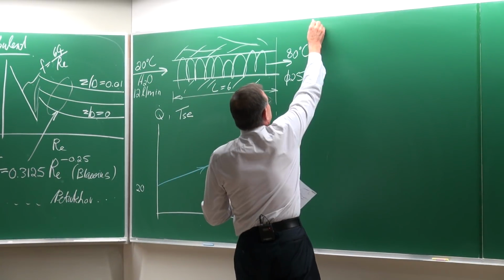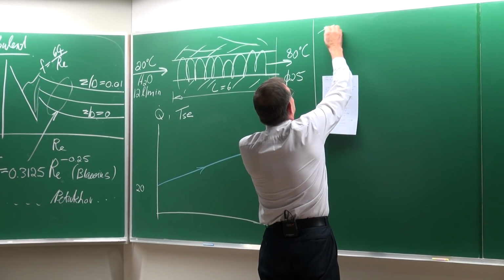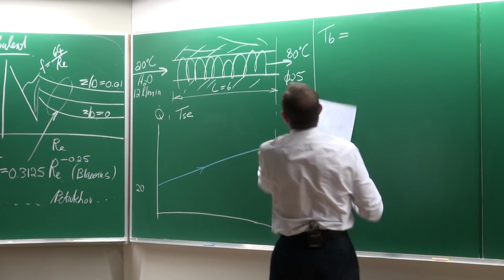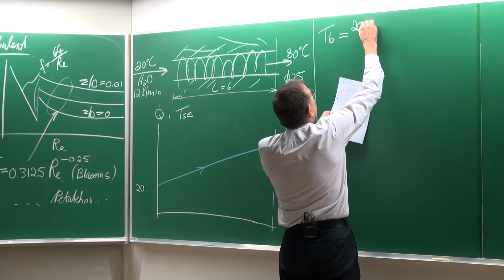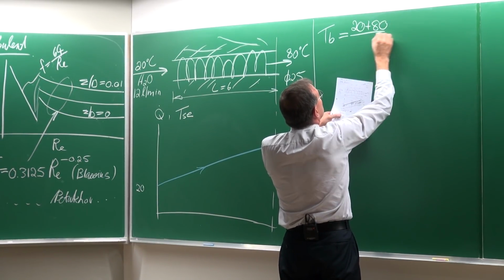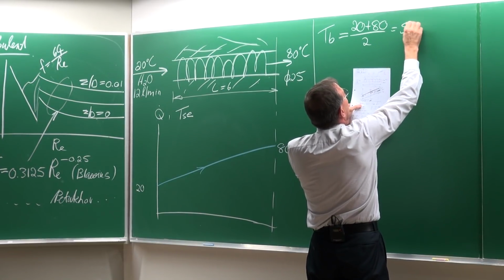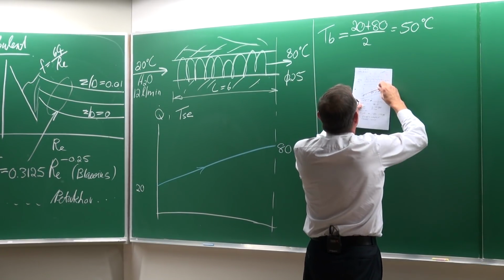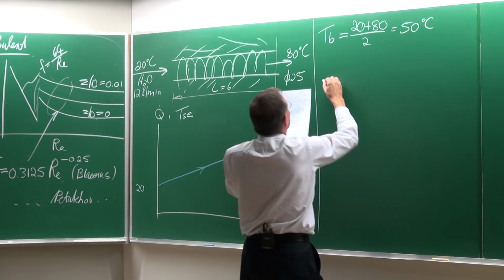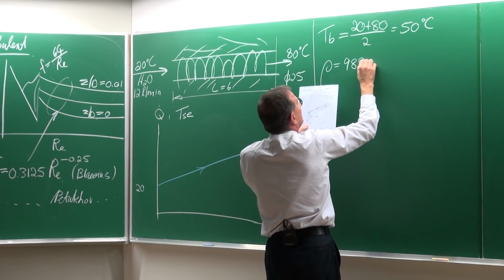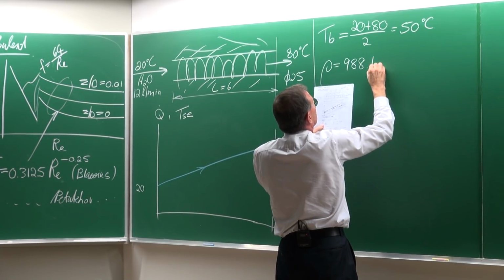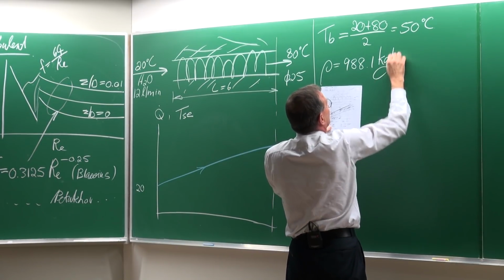So let's first go and get the properties. To get the properties, we normally use the inlet temperature and the outlet temperature. It's 20 plus 80 divided by 2, that's 50 degrees Celsius. If you go and look in Table A9 in your textbook, the density of the water will be 988.1 kilograms per cubic meter.